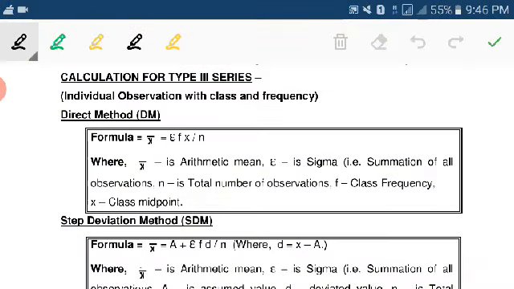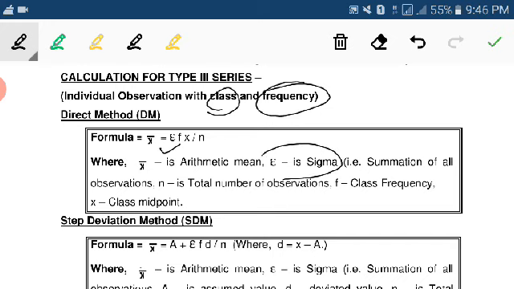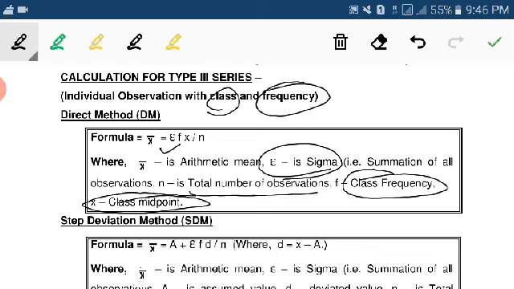Calculation for the type 3 series, that is with class and with frequency. The arithmetic mean equals sigma f m, that is sigma of class frequency into class midpoint, divided by the total number of observations. This is the direct method.